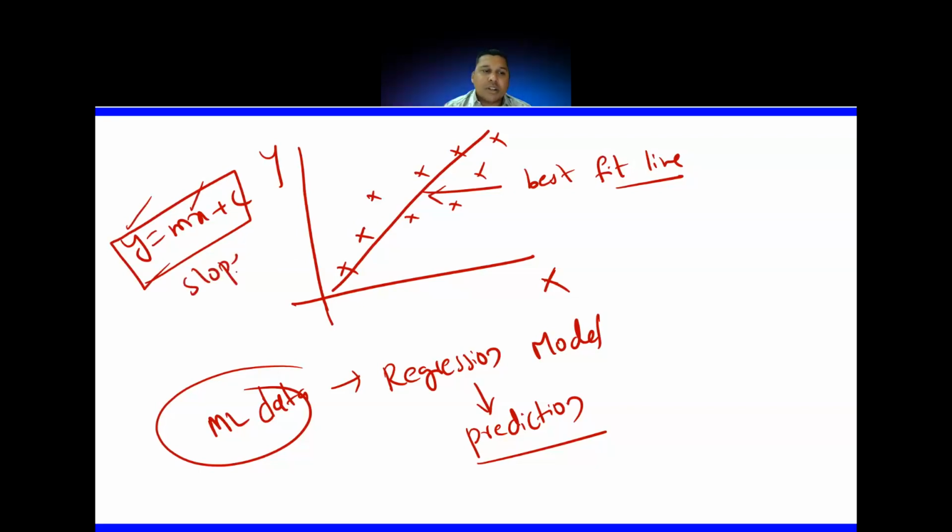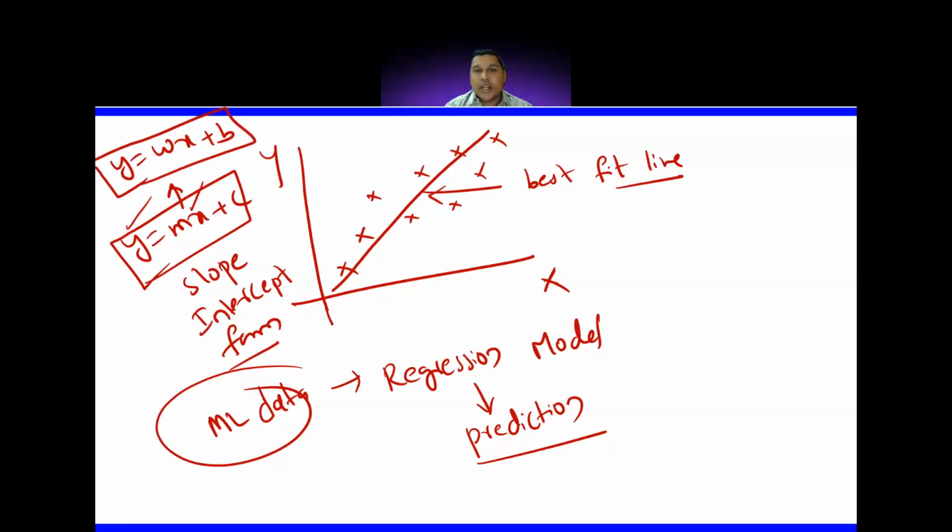Sometimes it's called the slope intercept form, y equals mx plus c. Same thing, but instead of writing these parameters, in machine learning we write y equals wx plus b. Finding the best fit line is our goal in regression analysis.